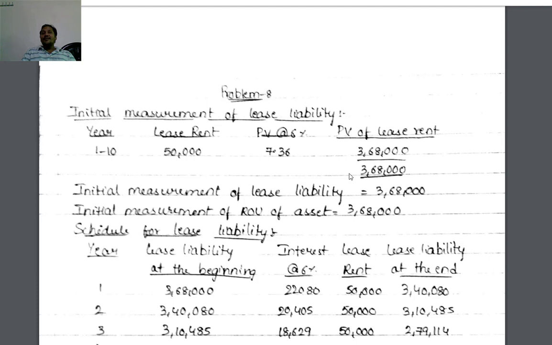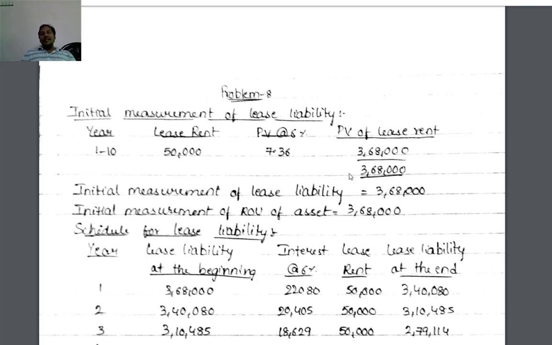Then initial value of ROU asset, right of use asset. We have to consider the initial measurement of lease liability. Any direct payment by the lessee, nothing is there. Any payments by lessee before commencement of lease, nothing is there. Any restoration or dismantling costs, nothing is there.